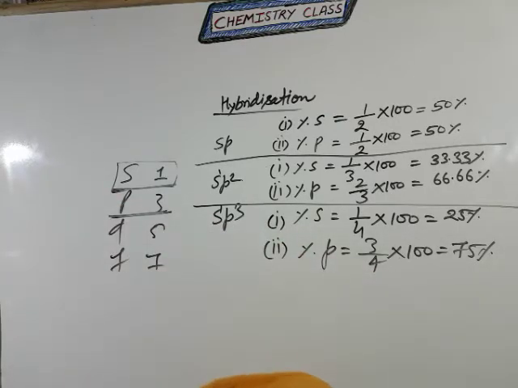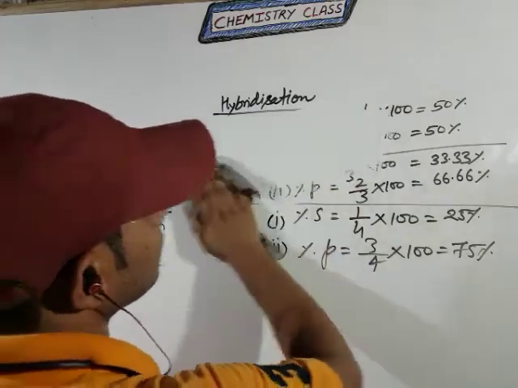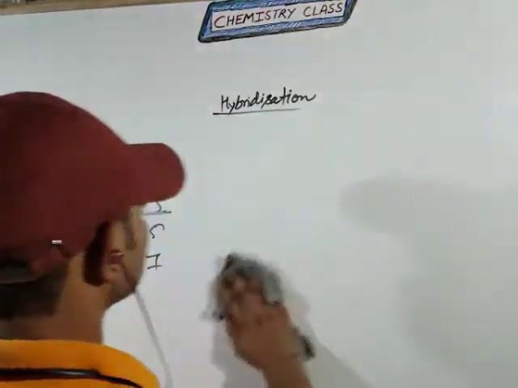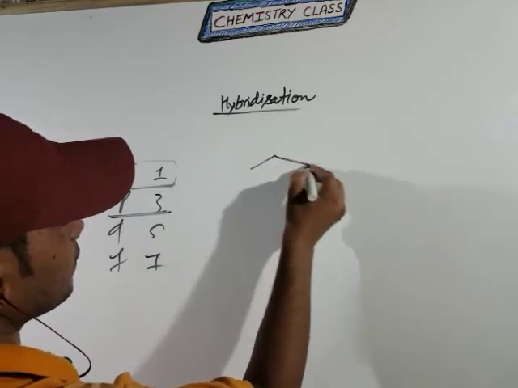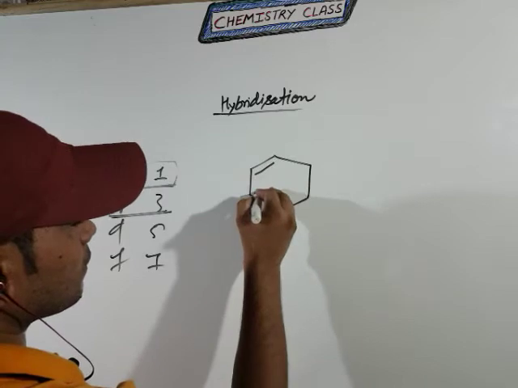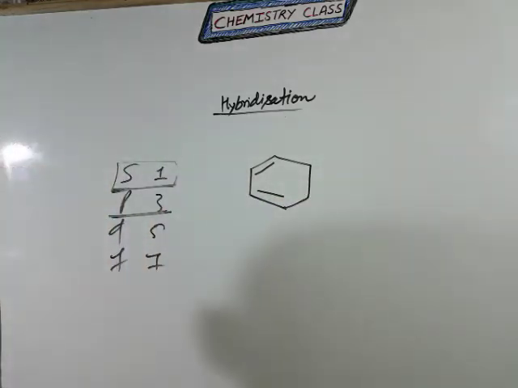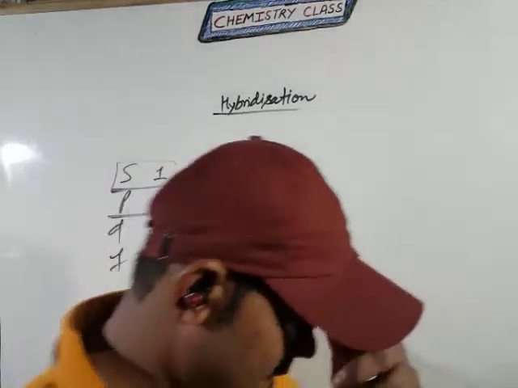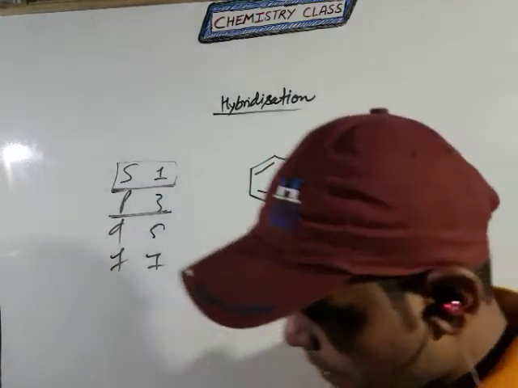So now come to some examples of organic compounds. Students, if someone asks for the hybridization of each carbon atom, each carbon atom requires the sigma and pi bond calculation.